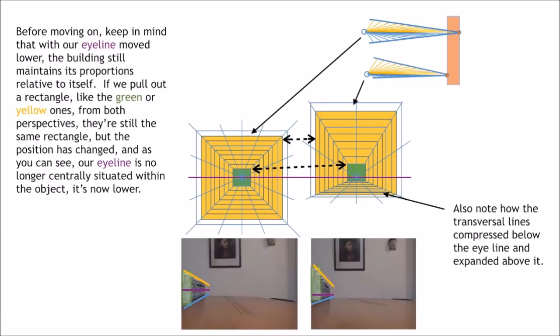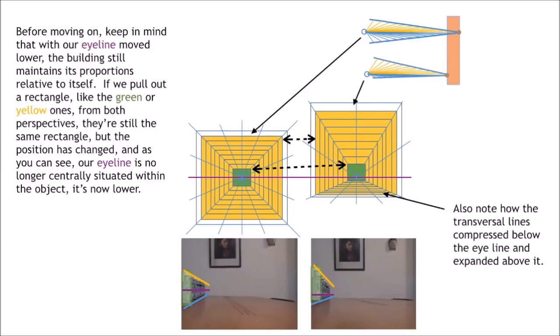The bottle is still the same bottle. It's just viewed at a different compression rate. So you can see how the eyeline is in the middle of the bottle on the image on the left, but the eyeline is moved down towards the lower half of the bottle with the image on the right, but the bottle is still the same bottle height.